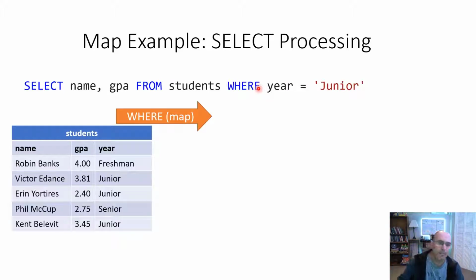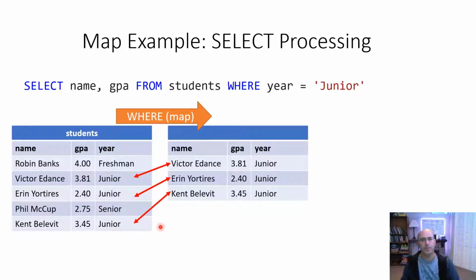It is a map over each row where this condition is true. So we ask ourselves for every single one of these rows, is the year a junior? And when we're done, we end up selecting only the juniors, and then we produce a table, which is really an in-memory table, a row output of just values that match this operation.